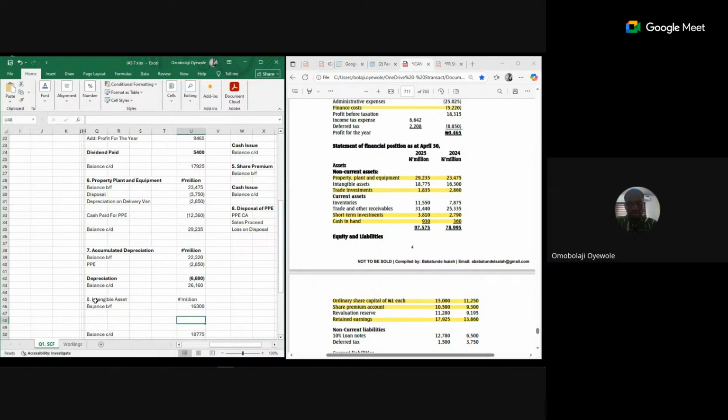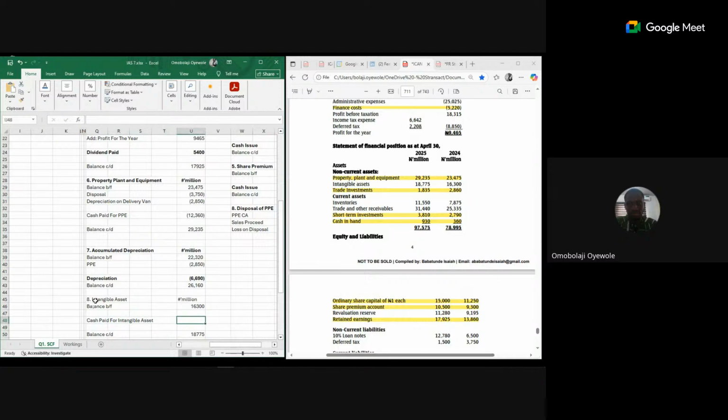So any difference will represent the cash we paid for intangible assets. The opening balance is 16,300, right? Closing balance 18,775. So any difference will represent, there's an increment for intangible asset.